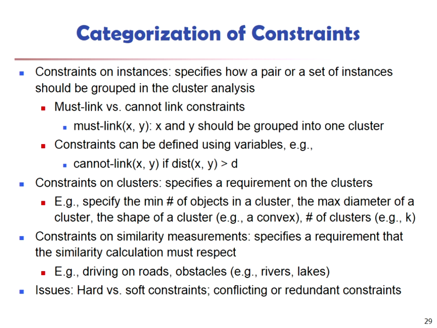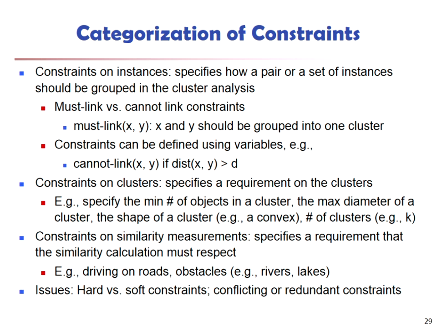That means X and Y should be grouped into one cluster. This is the constraint. And constraints can be defined using variables: cannot-link X and Y if the distance between X and Y is more than D. So it is clear, the first category of constraints on instances.